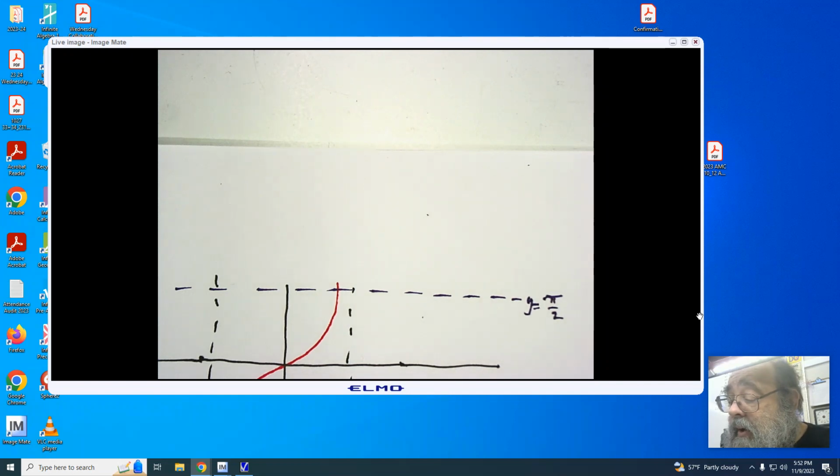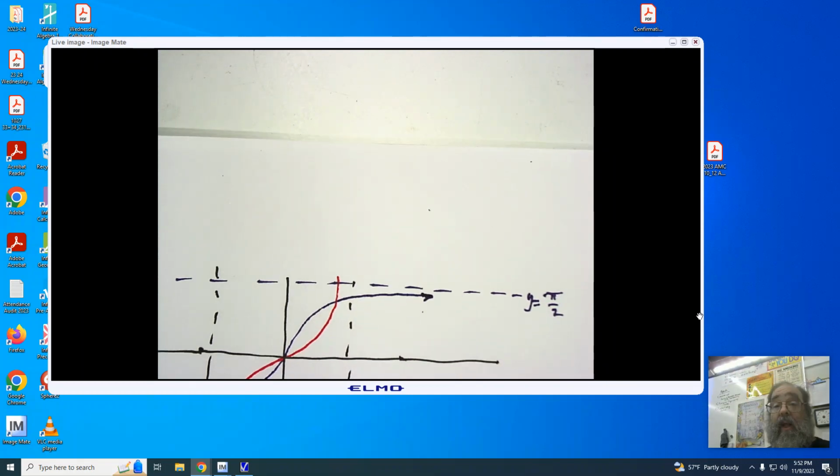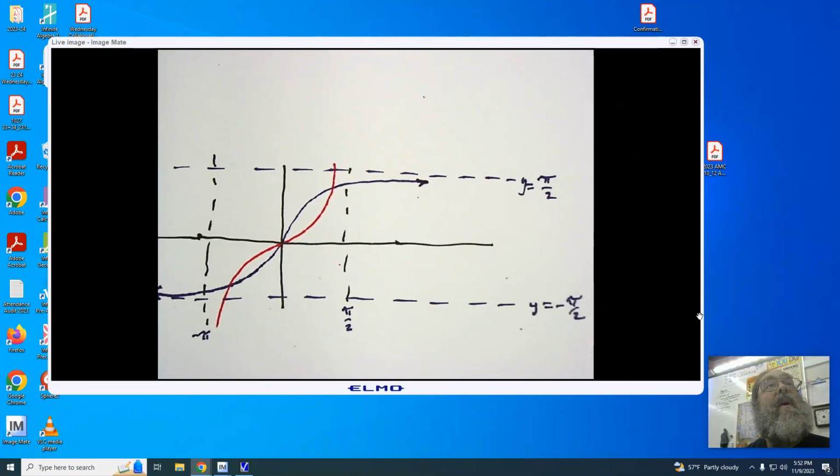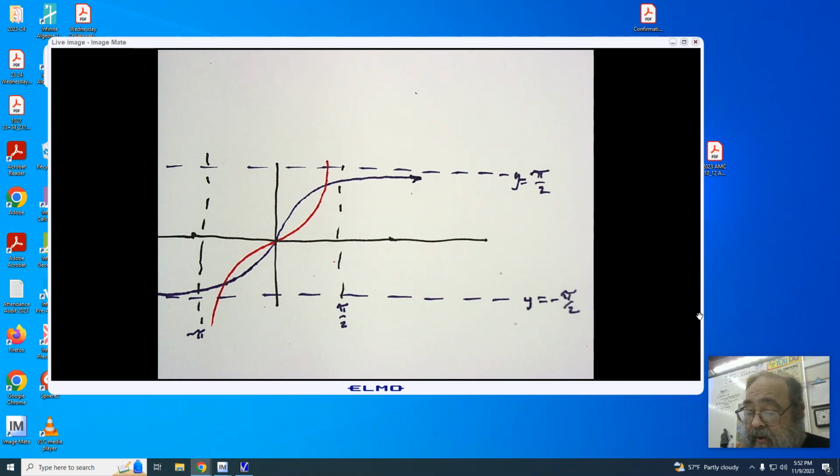Our tangent arc is then going to look like that. And you'll notice it only has in between these two values, pi over 2 and negative pi over 2.